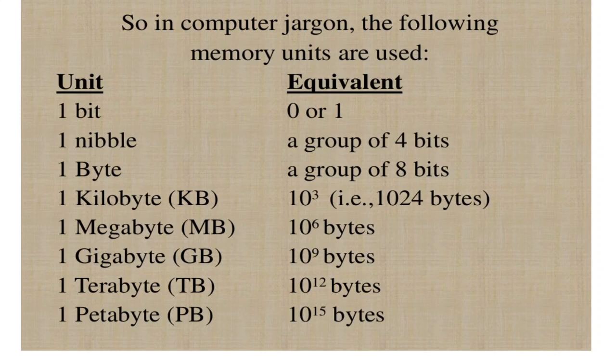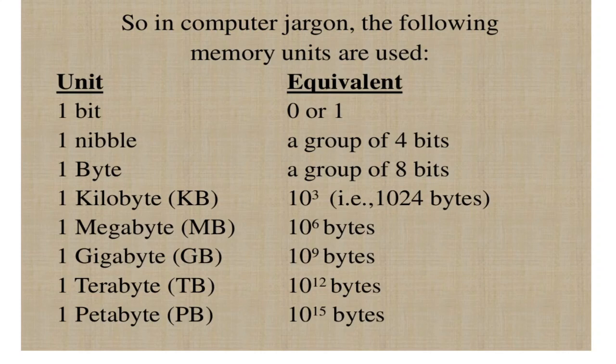Next comes the kilobyte. We know these terminologies because we use them mainly in the download and upload of information, even in our phones, so it is a bit familiar. The basic memory units before the kilobyte are the byte and the bit. 1 kilobyte, kilo means 1000, but in computers we represent all memory in terms of 2 to the power of something.